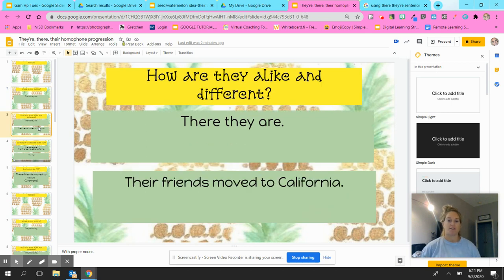And then you're going to move on to, how are these sentences alike and how are these sentences different? And literally the first few times you praise anything that is correct. So you're going to read, there they are, their friends moved to California. If someone says that those are both the same word, but they're spelled different, really heighten that up and be like, yeah, that's called a homophone.